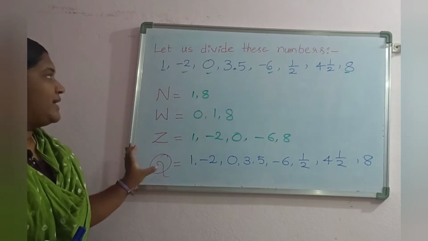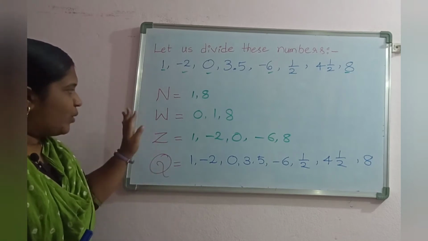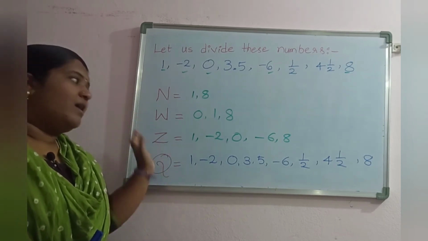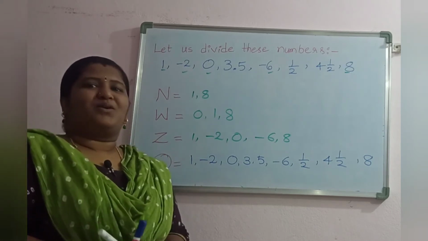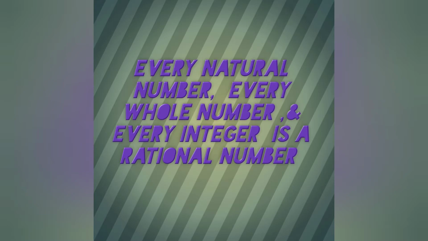That means rational numbers contain all natural numbers, all whole numbers, all integers, along with all division numbers. Okay students, numbers which can be represented in the form of p by q, where q is not equal to 0, are called rational numbers. The rational number set is denoted by capital Q.